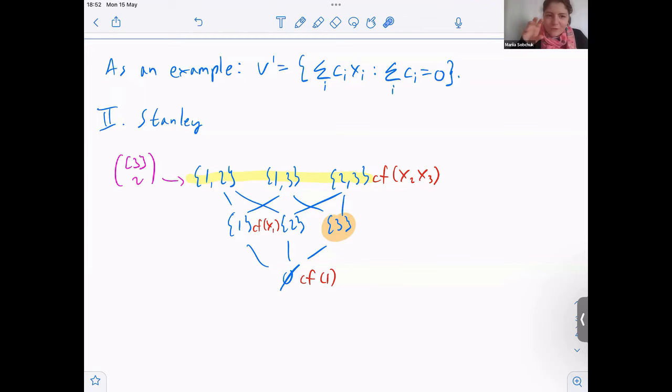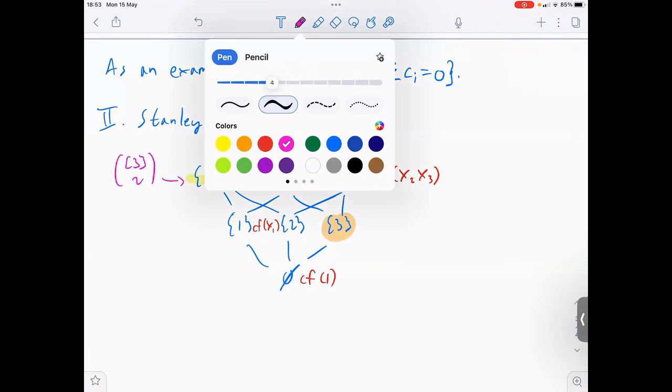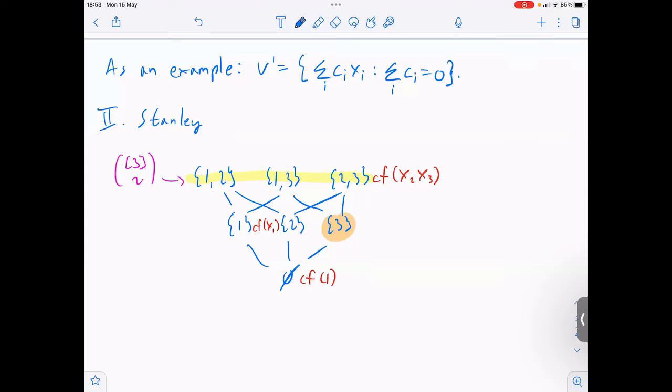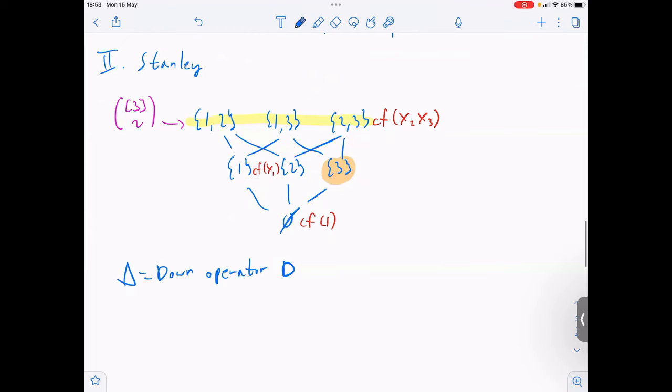Well, it's like when we delete one of the keys at the first level, and then all its neighbors. Right. So this goes by various names, but we'll call it the down operator. So delta is the same as the down operator D. Sometimes it's called the lowering operator. It has an adjoint, which is the up operator.